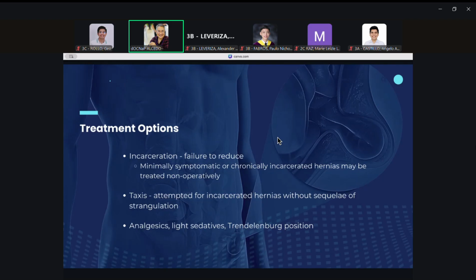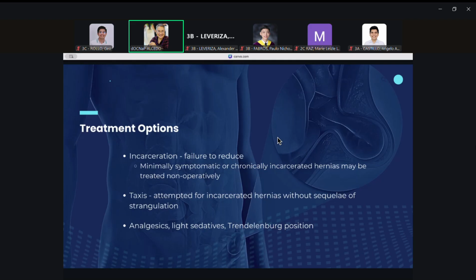When the omentum passes through the defect, sometimes if it is not reduced, it tends to form adhesions with the peritoneal lining, or what we call the hernial sac, and it remains incarcerated. But omental incarceration sometimes can last for years with non-operative treatment without going into strangulation.